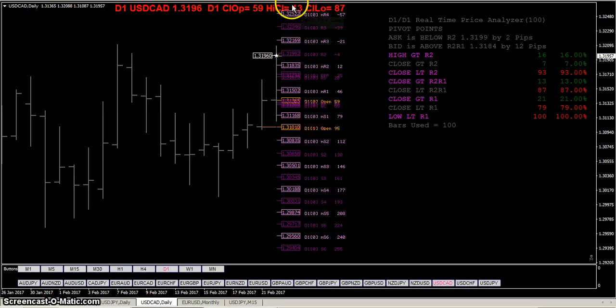So you can see we're in the red rat zone. A short around here would probably at least get you to here, and it's telling you there's about an 87% chance based on what's happened over the last 100 days. The ask is below R2 by 2 pips, and it's above R1 by 12 pips.